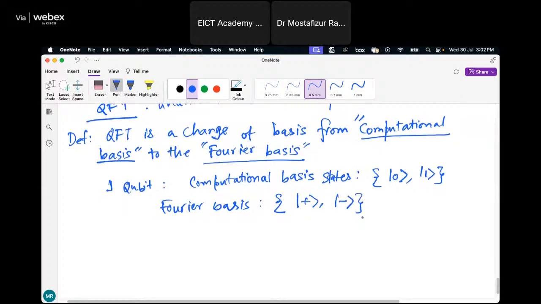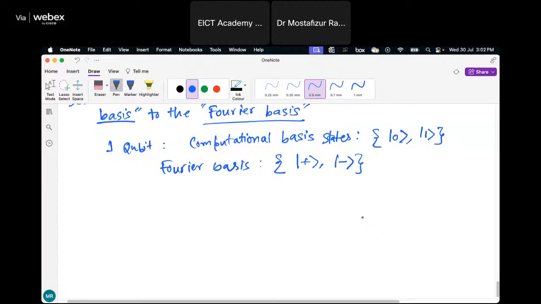Okay, so let us try to understand this visually. Suppose this is the Bloch sphere. This is a very bad drawing.